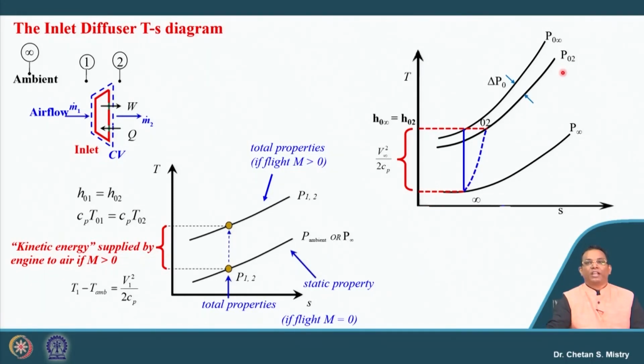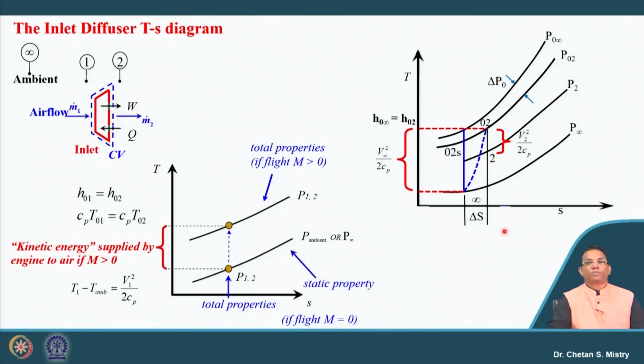Now, if I join this, this represents my actual process. Suppose I want to calculate my static pressure, this represents the static pressure, 0.2. Because of this irreversibility, we have a rise in the entropy.